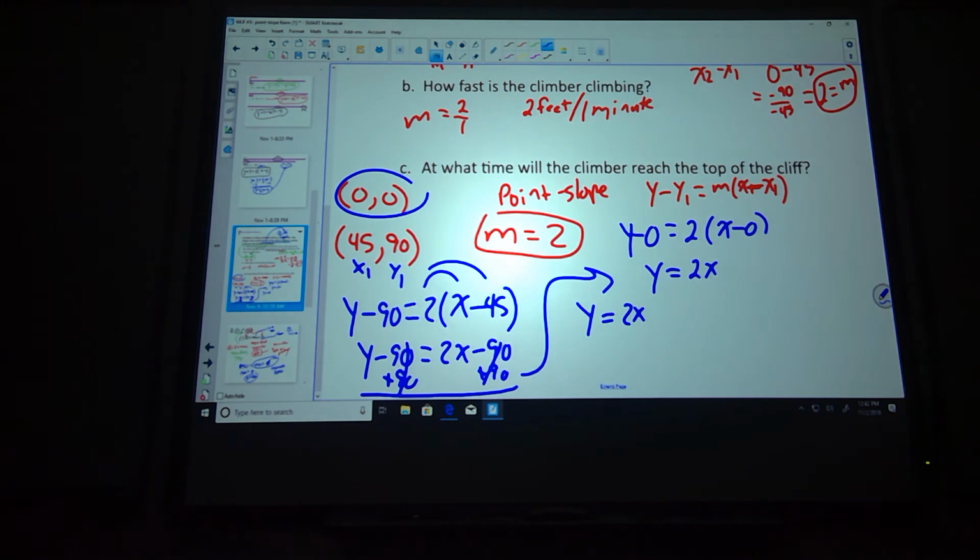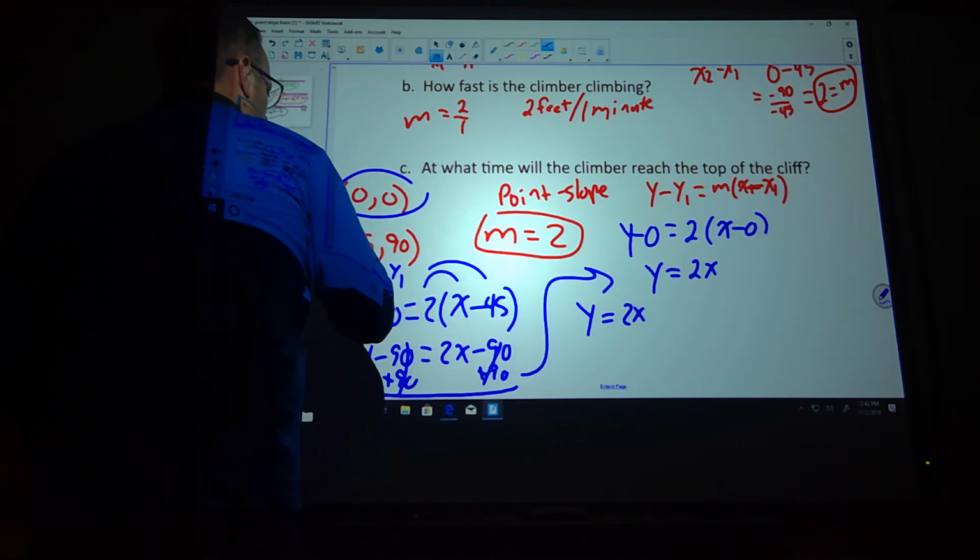Oh, wait. It's just your rate, it's your velocity. That's all it is. Make sense? We're not climbing this; we're climbing at a rate.